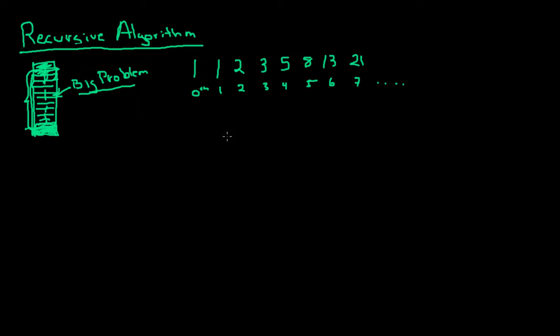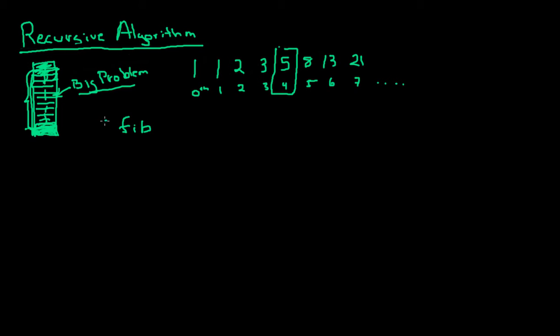And so what we want to do is be able to calculate a specific Fibonacci number using our simple function. So let's say I want to find the 4th Fibonacci number. In this case, the 4th Fibonacci number corresponds to 5. And how the program will do that is it has to find the solution to the two previous ones.